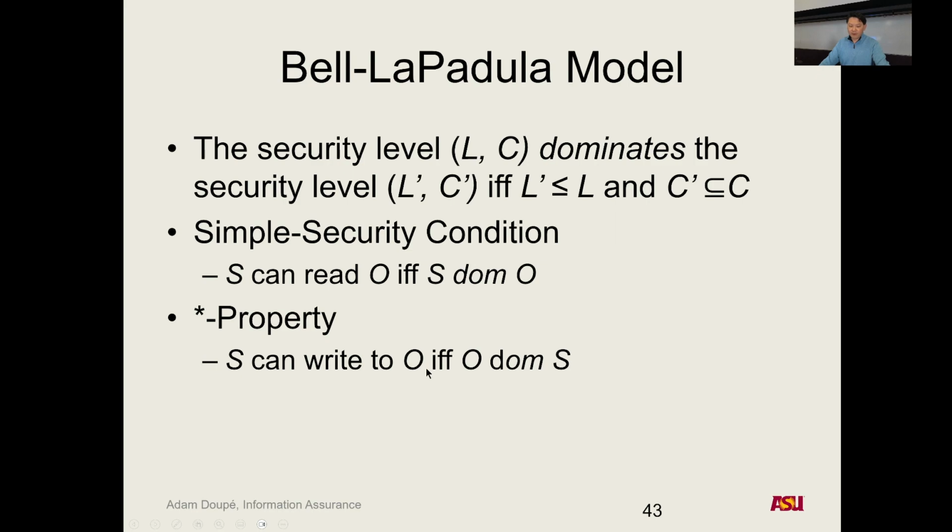If object O dominates S, the subject's level is less than or equal to, and the categories are a subset of, the object's. In that case the subject can write to the object, which means write up only is possible.